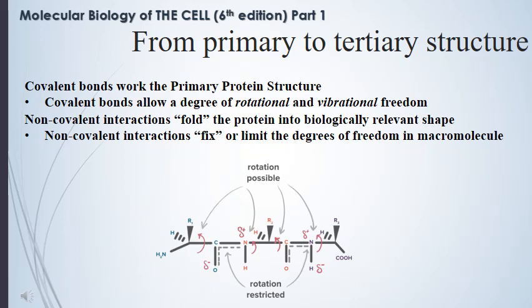But when the chain becomes long, the non-covalent interactions, which, if we remember, include hydrophobic interactions, ionic bonds, hydrogen bonds, basically fix or limit the degree of freedom, and they help to fold the long primary chain of amino acids into a functional three-dimensional protein.